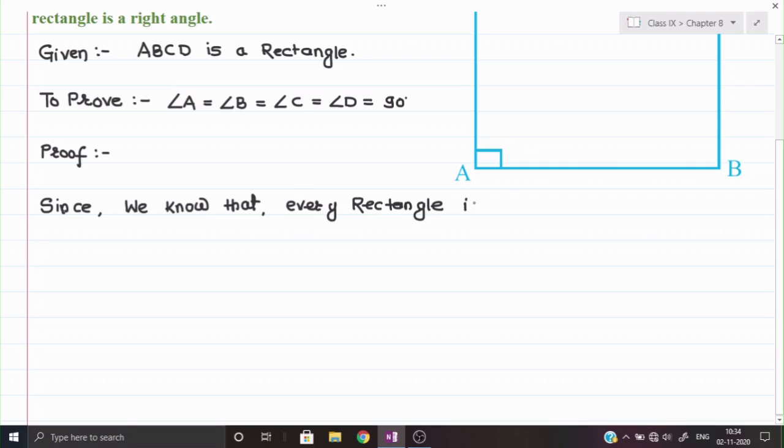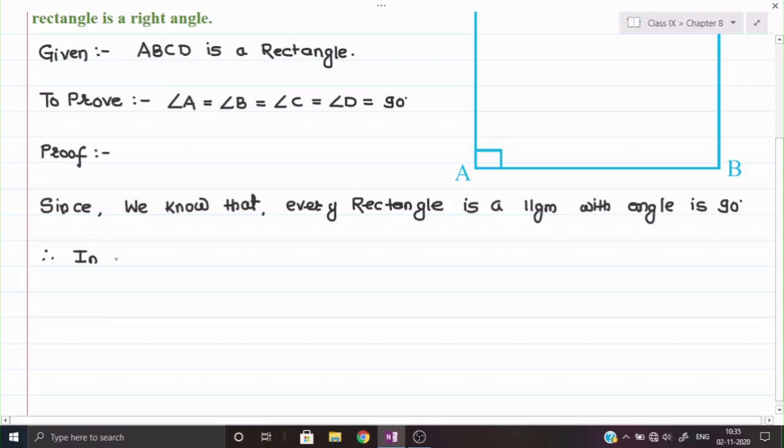Every rectangle is a parallelogram with one angle of 90 degrees.